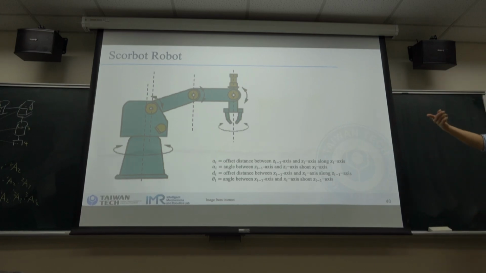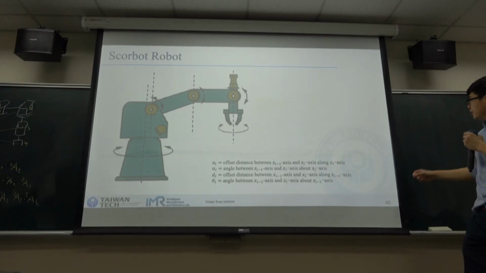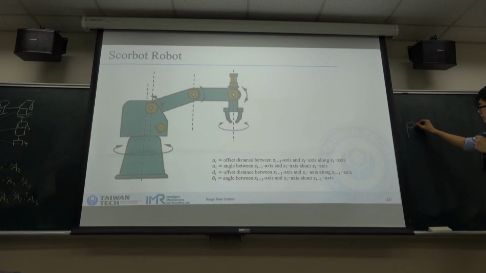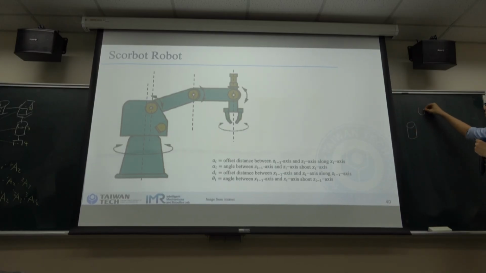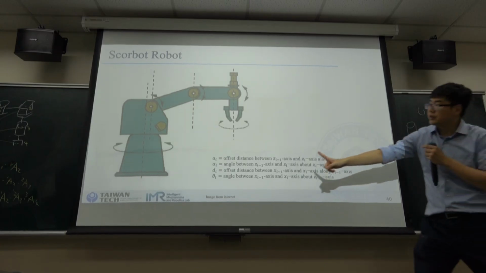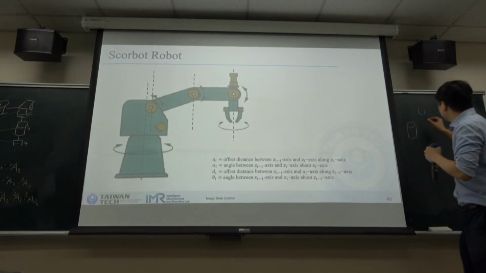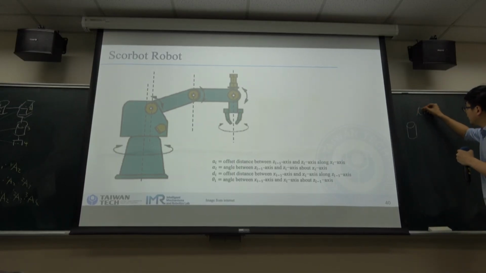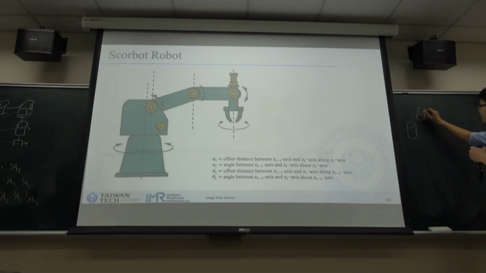So first, we need to determine what our zero configuration is. Maybe you can set it up so that joint 1 and joint 2 have a small offset.